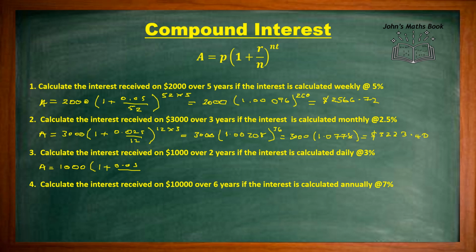This time it's daily, so n is 365, to the power of n, 365 times t, which is 2. So that equals 1,000 multiplied by, if we do the bracketed part, a value of 1.000082, to the power of 730.